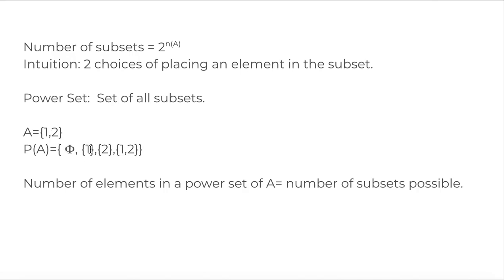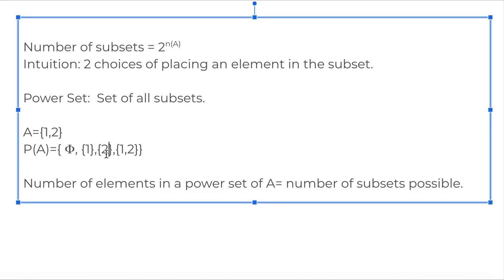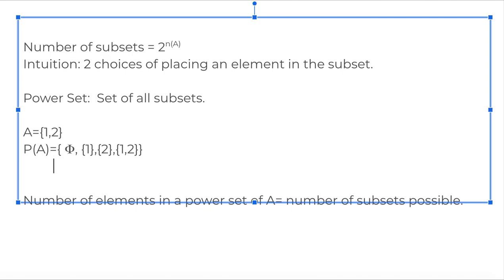So you have an empty set. Then you choose to put in one of them. So that's 1. Or if you choose to put 2 in, and then for 1 and 2 both, you choose yes, right? So you have 4 choices. Let me just write the choices that you took: false, false; true, false; false, true; and true, true.